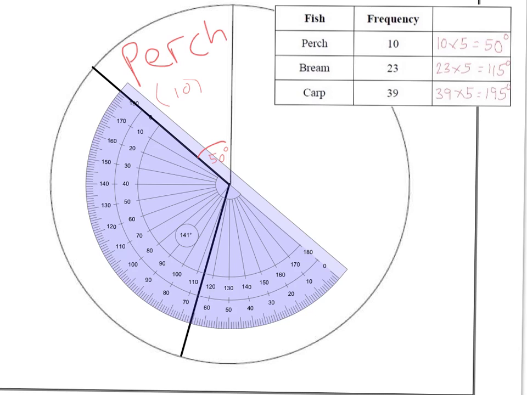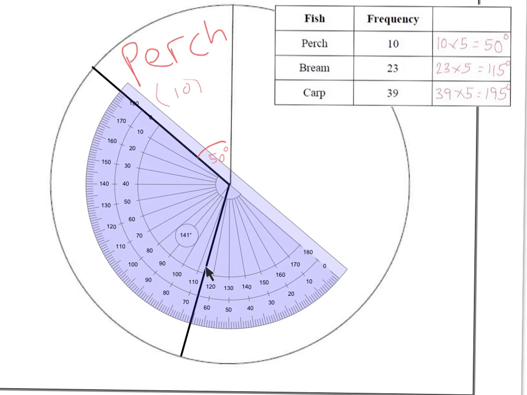Okay, keeping our protractor crosshairs at the center of our circle, we then just rotate our protractor round so that where we drew our last line now becomes the baseline for our measuring. So you can see that line with the 0 is now along the line that I've just drawn, and we're going to measure again from 0 around, and this time it's bream, the sector that we're measuring, and it's got to be 115 degrees.